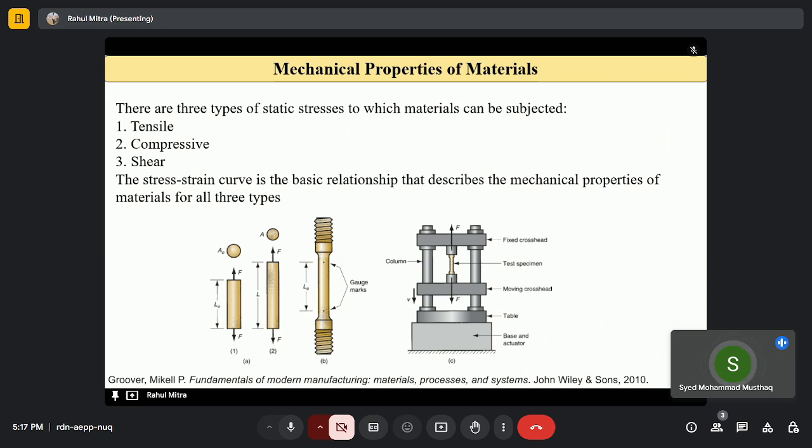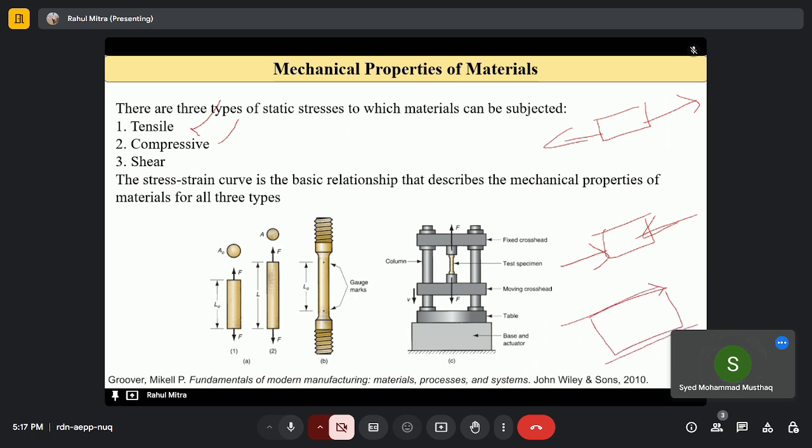Before that, let's explain what are the different types of static stresses which we apply to the material. There are three types of static stresses to which the materials can be subjected. One is tensile, where suppose we have a material, we have an elongation or the stretching of the material, and the compressive, it will look like this, the compression, and another is shear, where the two forces are opposite to each other.